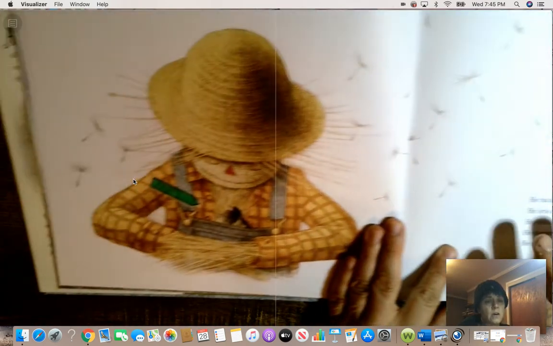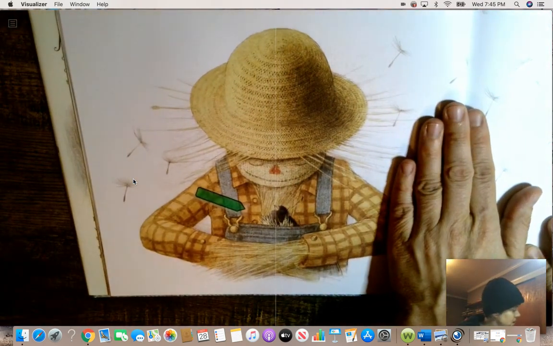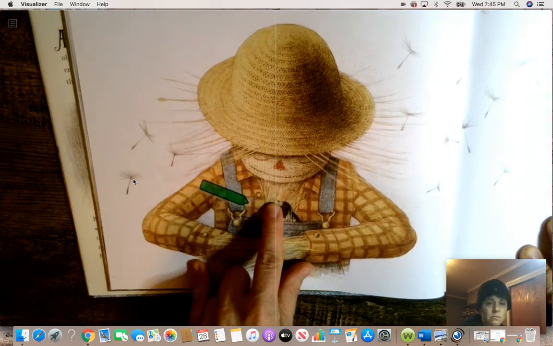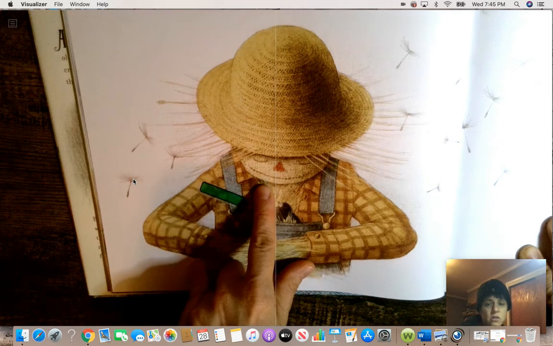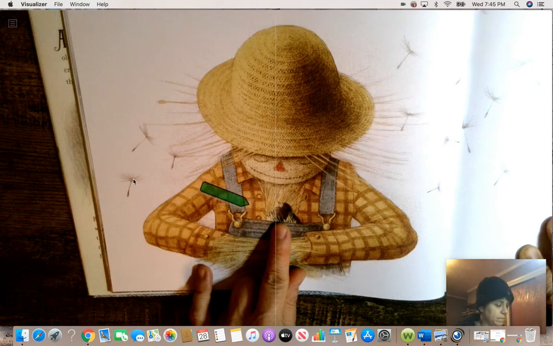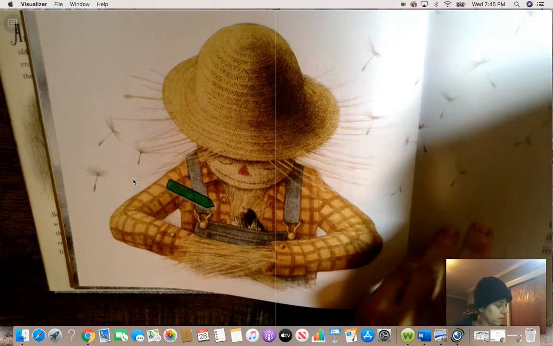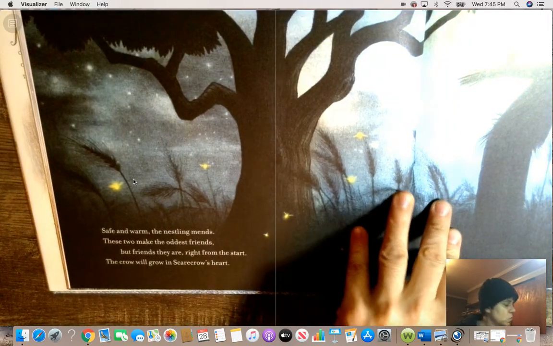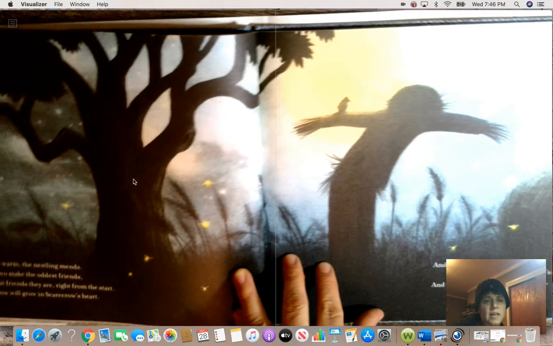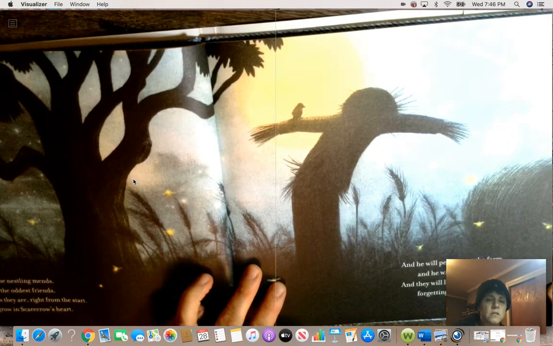And then notice here, what should we notice in this picture right here? We should notice the smiles, the snuggles. Those are signs of love, caring, and friendship. This one, definitely something to notice about the setting compared to the other pages.